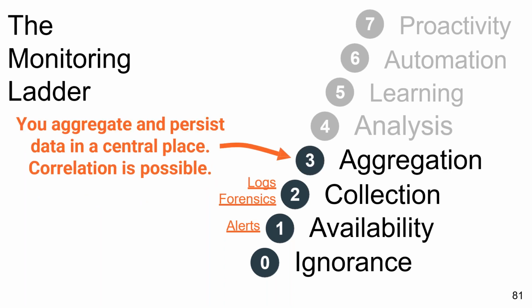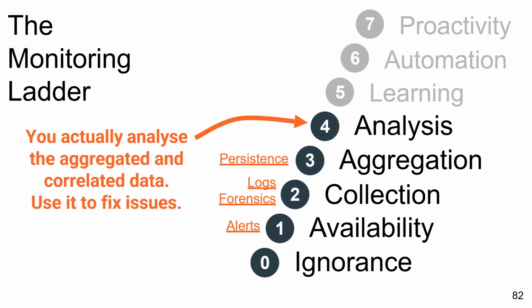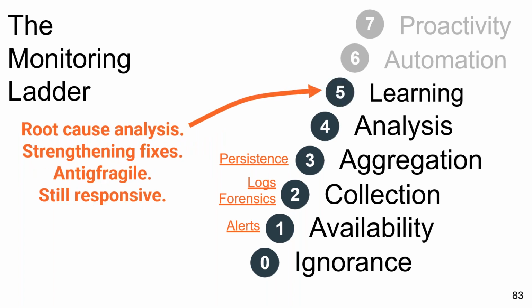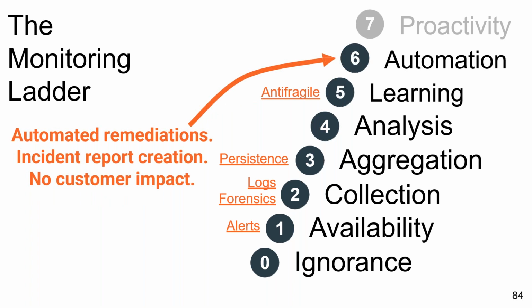Third, aggregation. You aggregate and process data in a central place. Correlation is possible. Analysis. You actually analyze the aggregated and correlated data and use it to fix issues. Learnings, root cause analysis, runbook, whatever you want to call it. Then something fixes itself, anti-fragile, still responsive, and you bring automation in place to remediate issues that you get in a repetitive manner.